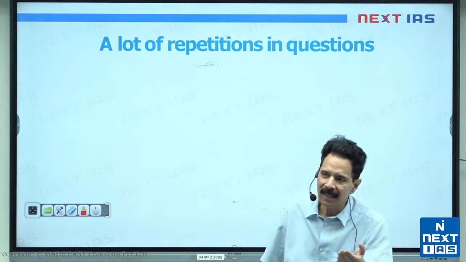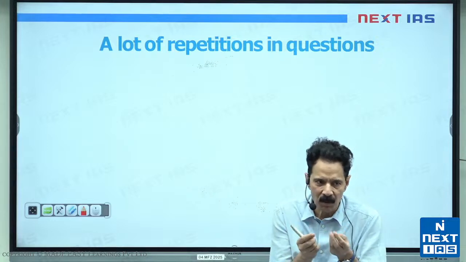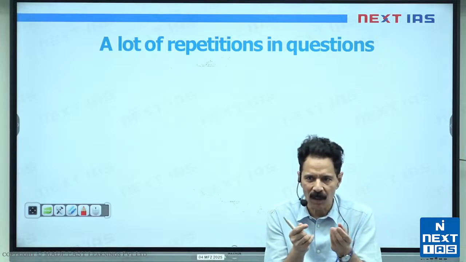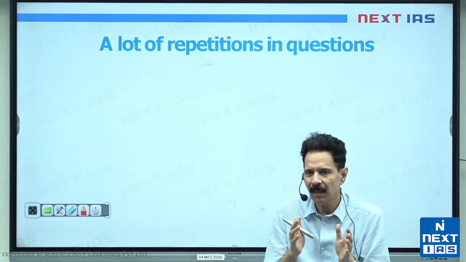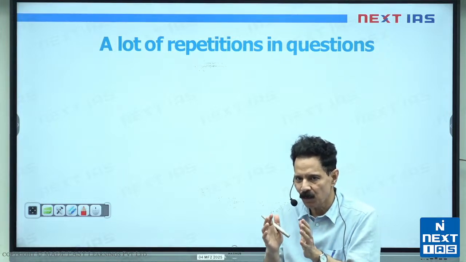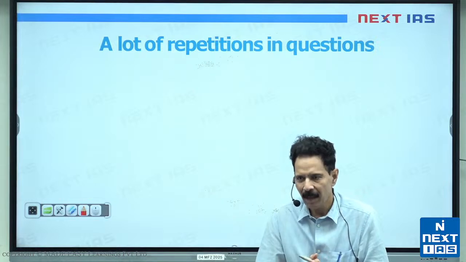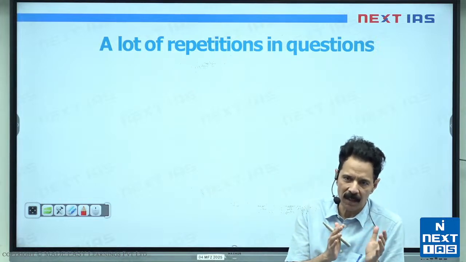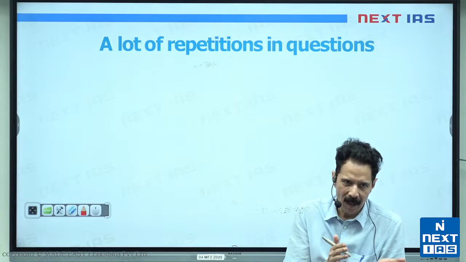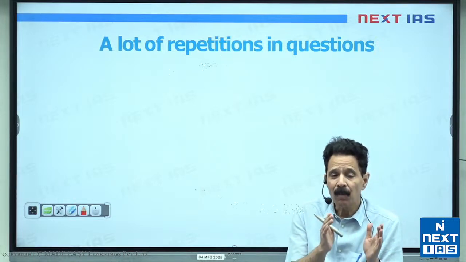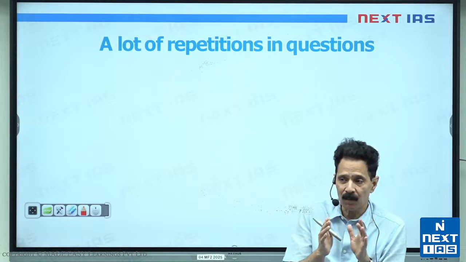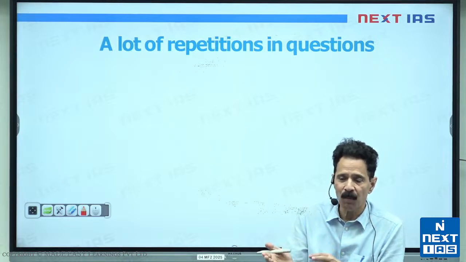So what are these specific standard issues? I'm giving you some examples to make you understand. For example, Mahatma Gandhi restrained mass movement, yet he retained his popularity. How do you explain this? So the issue is what? Mahatma Gandhi restrained mass movement, yet he retained his popularity.